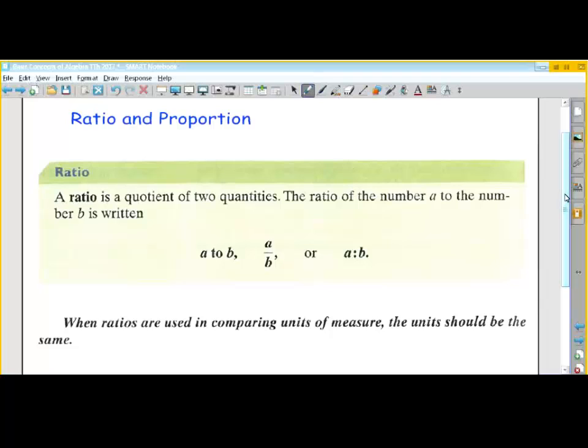When ratios are used comparing units of measure, the units should be the same. So if something is given in cups and teaspoons, you've got to convert either cups to teaspoons or teaspoons to cups. You can't just blindly use the numbers without thinking about units.